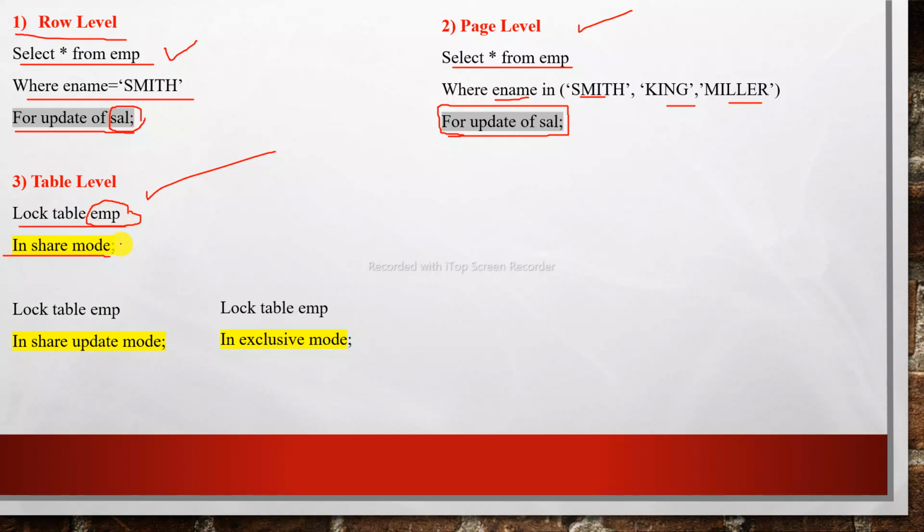In share mode, if one user locks the table, it will not allow other users to perform any operations on any record except select. But it is important that in this mode, even though one user is locking the table, it will still allow another user to lock the same table at the same time. So this is about share mode.